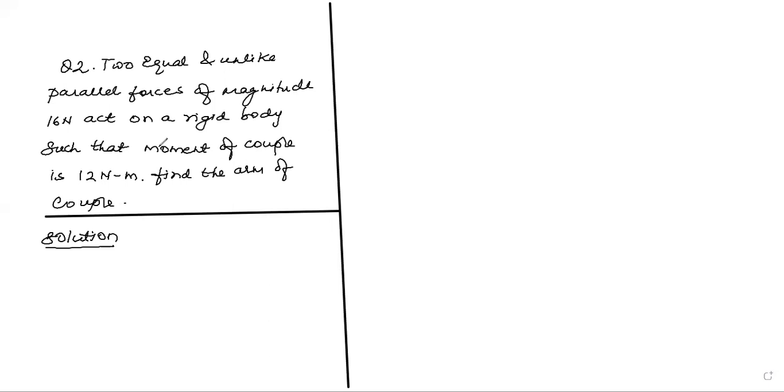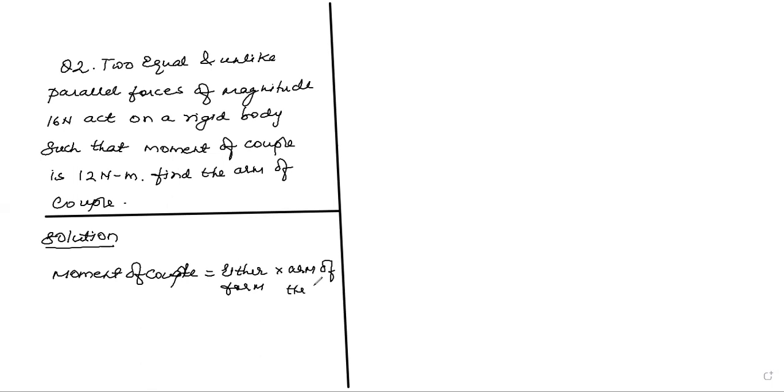So what is moment of couple? Children, you learned a formula. Moment of couple is equal to the magnitude of either force, any one force, into the arm of the couple.